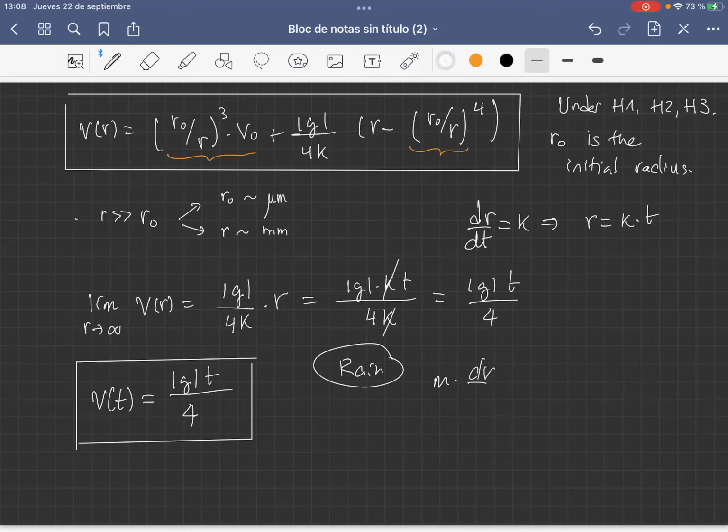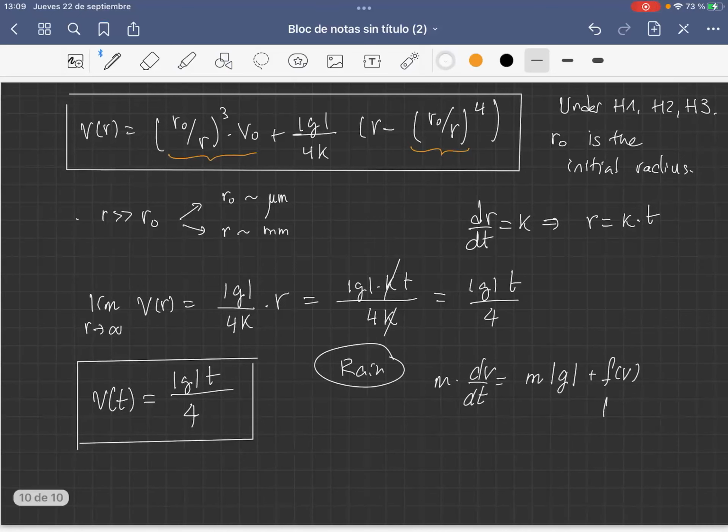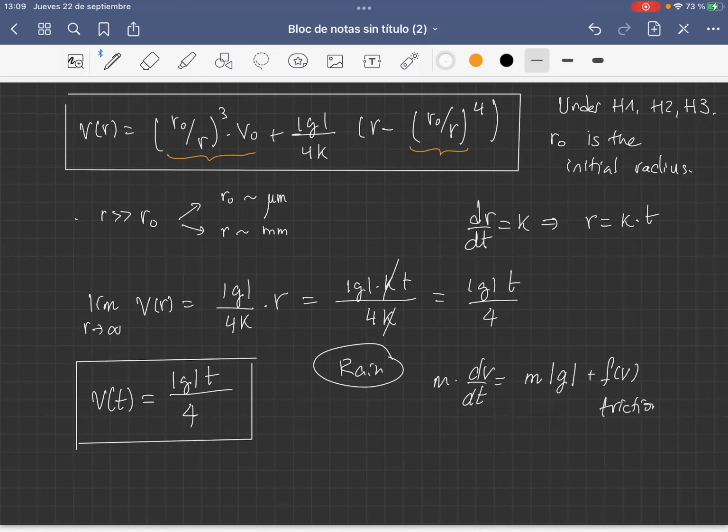So then the velocity is going to start changing with time, but it's going to change in a very different way. Well, it's going to be the mass that is going to be a constant, and the g that is going to be, in principle, we're just going to put absolute value depending on how you want to solve this problem, plus a force that is going to be a friction force, probably from the wind.